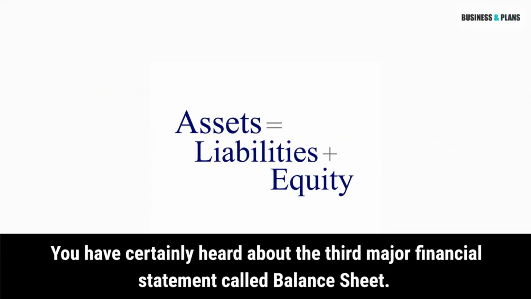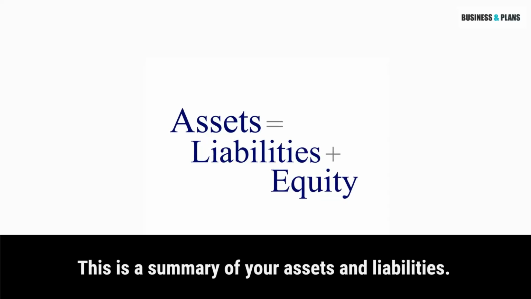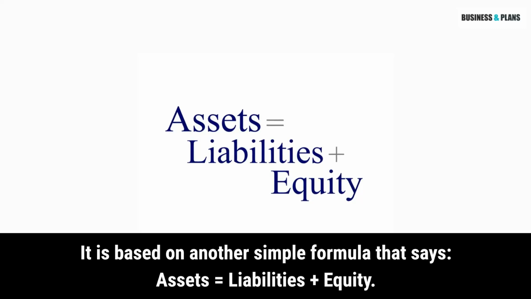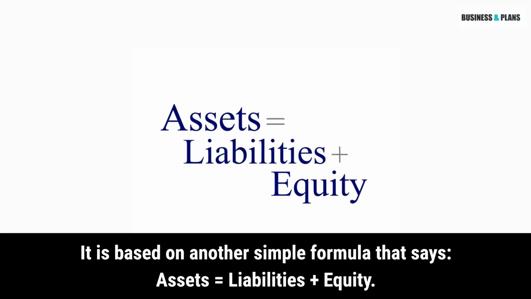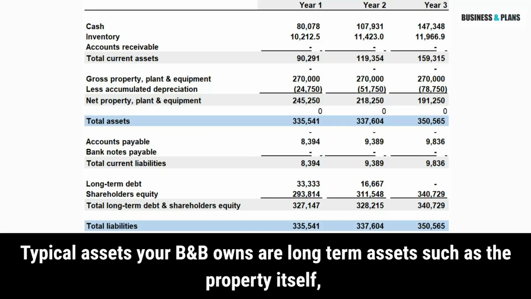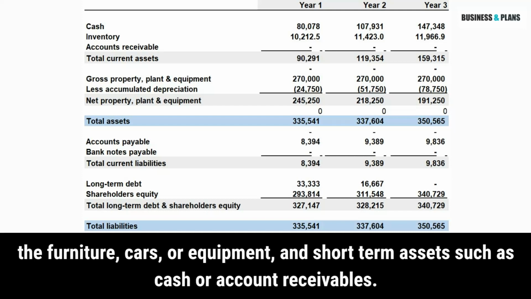You have certainly heard about the third major financial statement called balance sheet. This is a summary of your assets and liabilities. It is based on another simple formula that says assets equals liabilities plus equity. Typical assets your B&B owns are long-term assets such as the property itself, the furniture, cars or equipment, and short-term assets such as cash or account receivables.